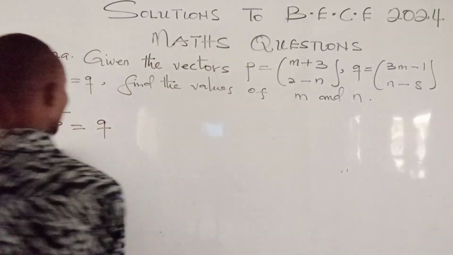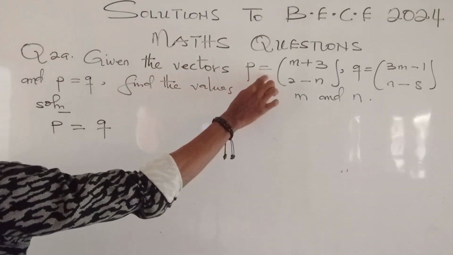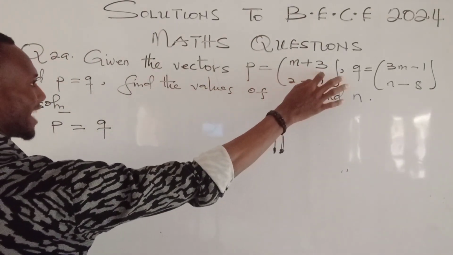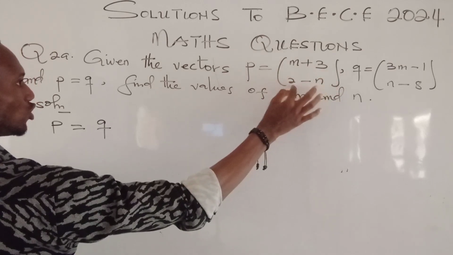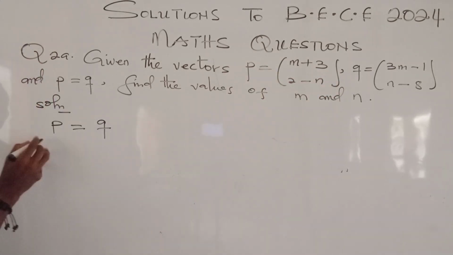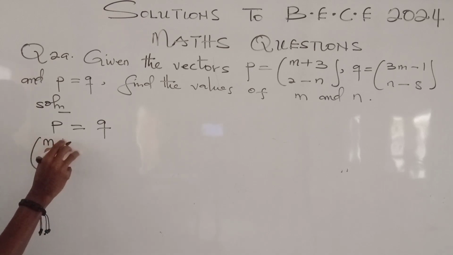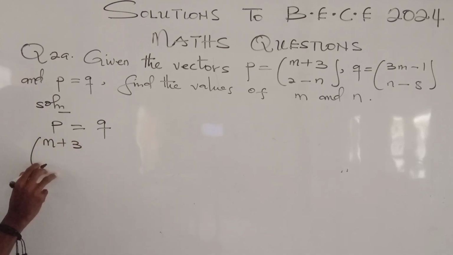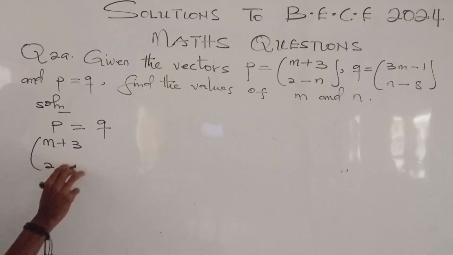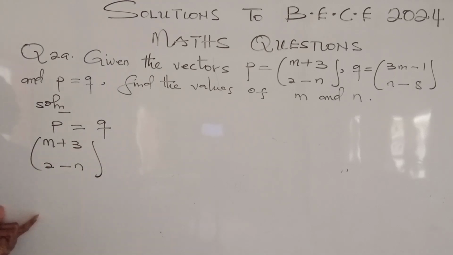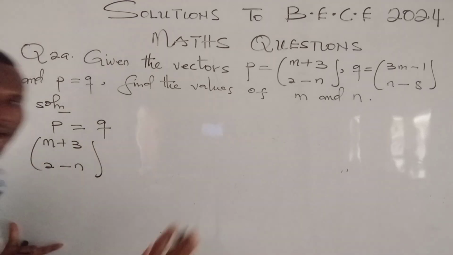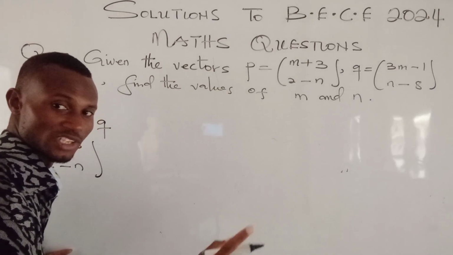The vector p is given to be (m plus 3, 2 minus n). So in place of p, I write the vector m plus 3 and 2 minus n, then you close your bracket. I hope you understand and you agree with me up to this point.